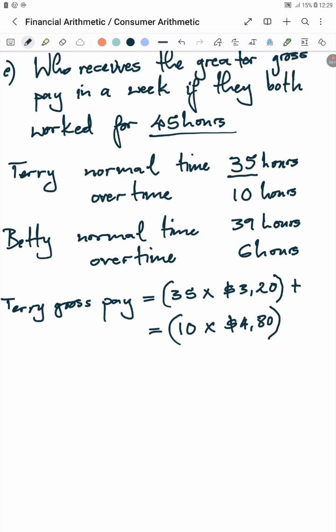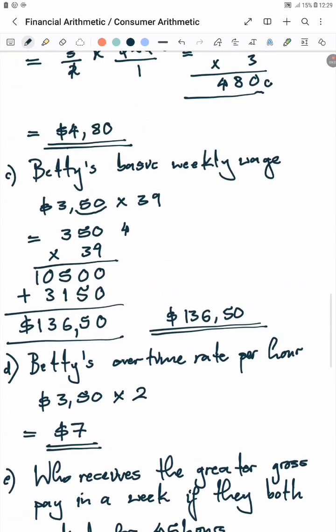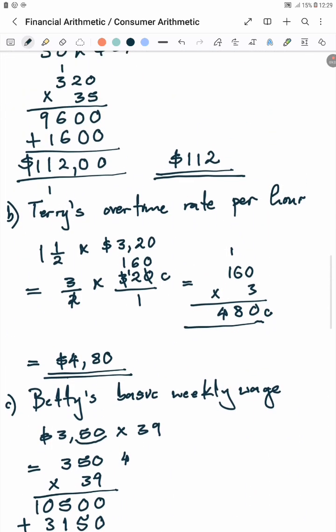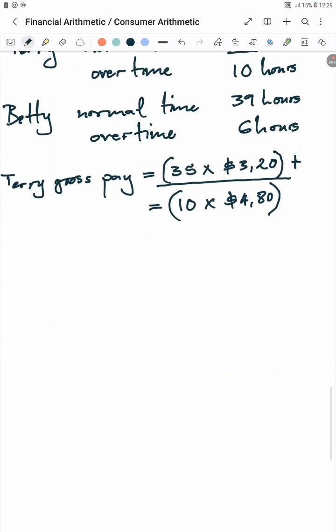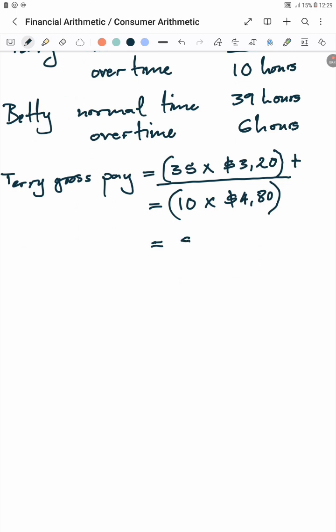So here we have already found this one on top here. That's $3.20 by 35, that's 112. So we're saying 112 dollars plus this one will be equal to $48, right? This one will give us $48, and the total will be equal to 160.